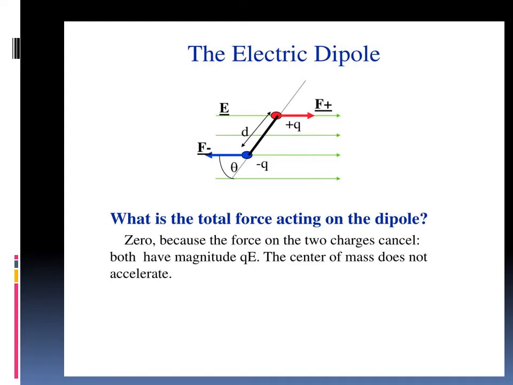If this force acts on the charge in this direction, and this force acts on the charge in the opposite direction, then we can say that the net force acting on the dipole is zero, right? As these are Coulomb forces, if we add them, the Coulomb force for the positive charge on the right side and the Coulomb force on the left side will cancel each other, but their magnitude will exist, that is QE, both forces have the magnitude QE. The center of mass does not accelerate.